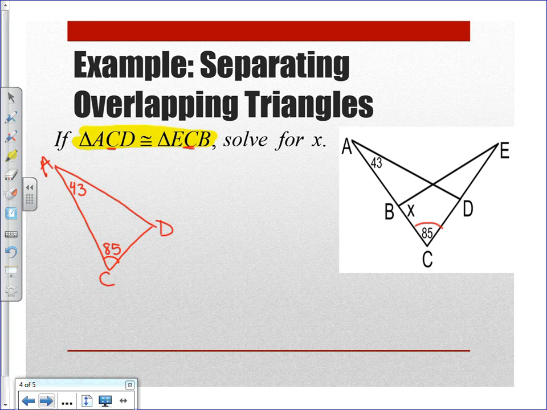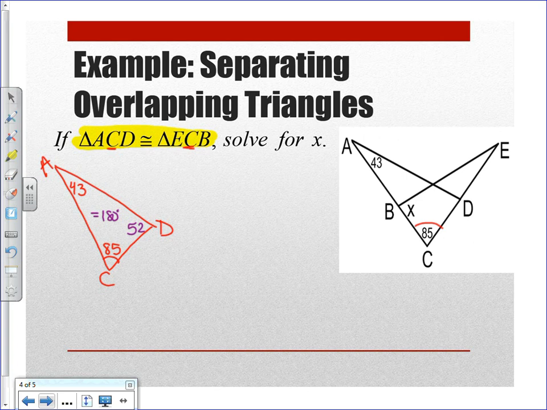I don't know what D is. I can find out D because I know that triangles should add to 180. So if I do 180 minus 43 minus 85, sorry, I had to grab a calculator. I know angle D is 52. So now I have all of the angles in that triangle.